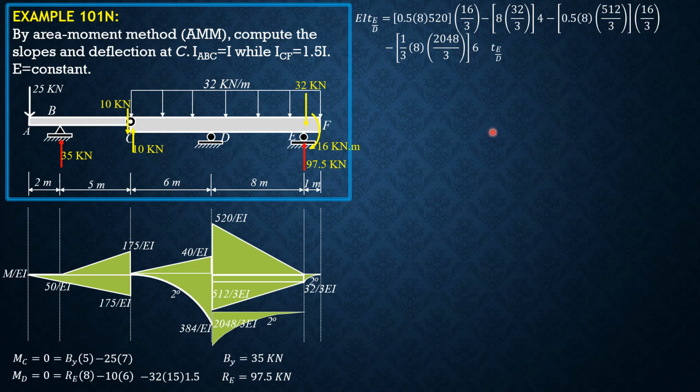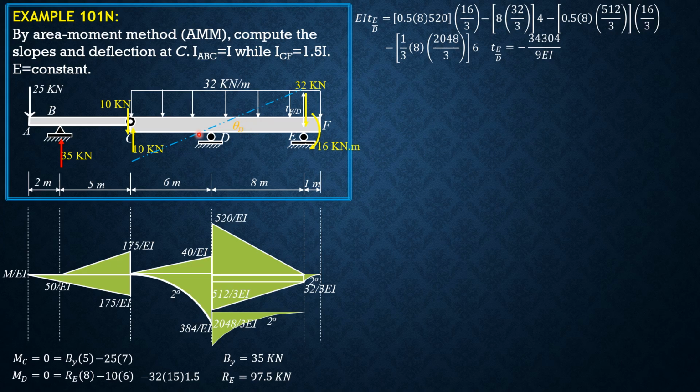So using your calculator, the deviation of E relative to the tangent at D is equal to negative 34,304 over 9 EI. Since it is negative, it means that point E is below the reference tangent at D, as shown in the figure. So this is the deviation of E relative to the tangent at D. And therefore, we can compute theta D, which is sloping up to the right, so it is positive.